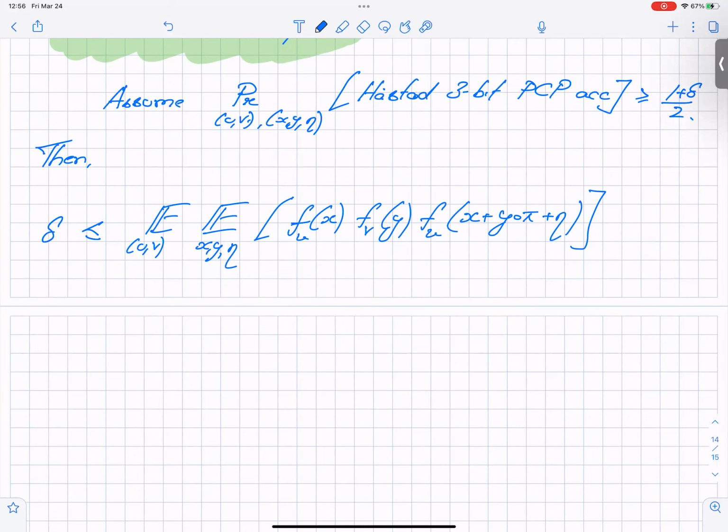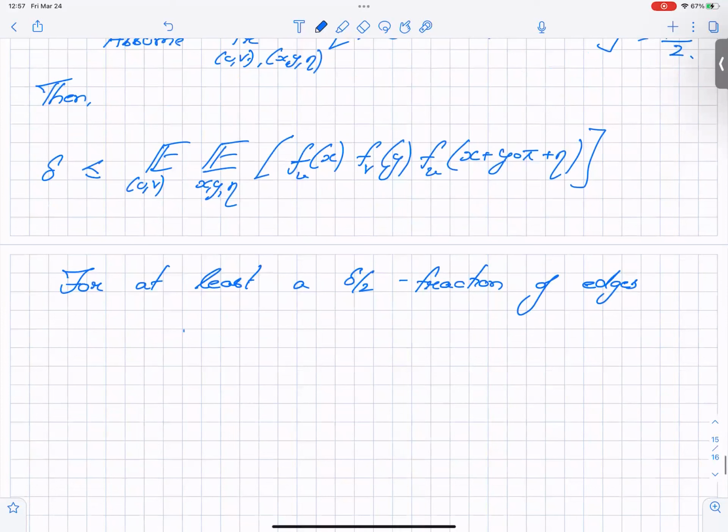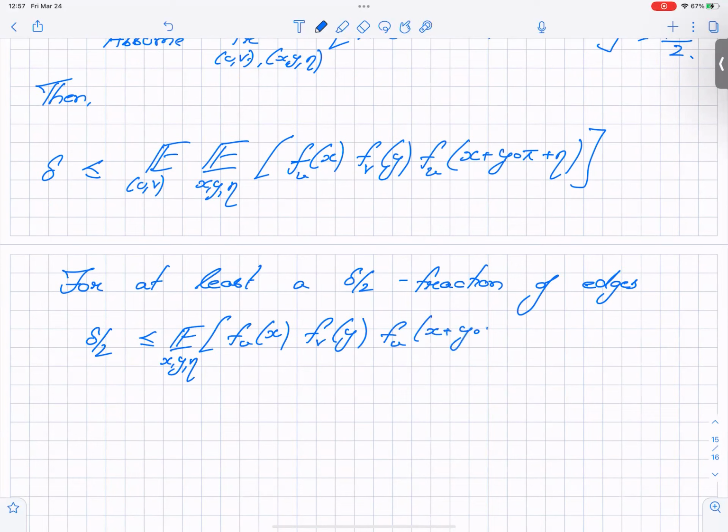So let's do this for at least delta by 2 fraction of edges. For a little while, let's pick such an edge.